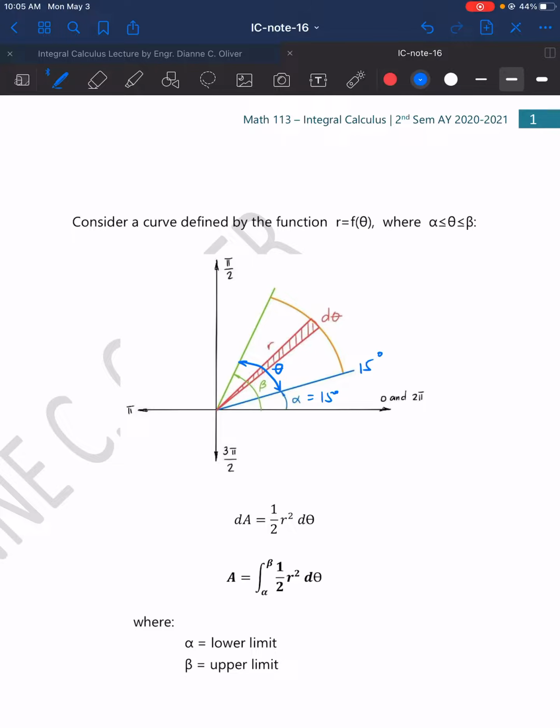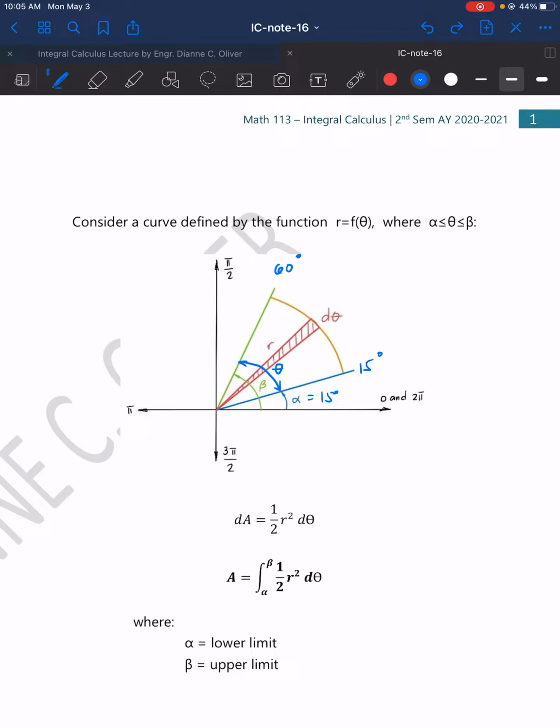And then you will have the radius at this portion of 15 degrees. Now for the beta, if beta is equal to, for example, 45 or 60 degrees, you have there 60 degrees, therefore you are moving from 0 degrees to 60 degrees.